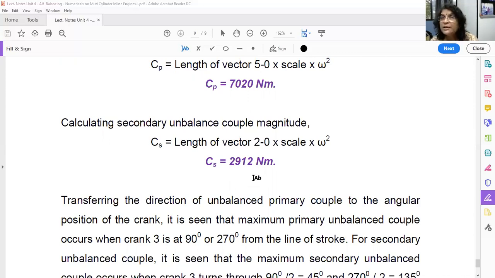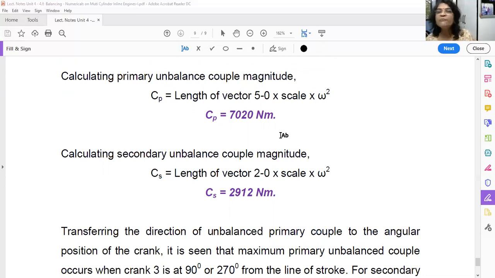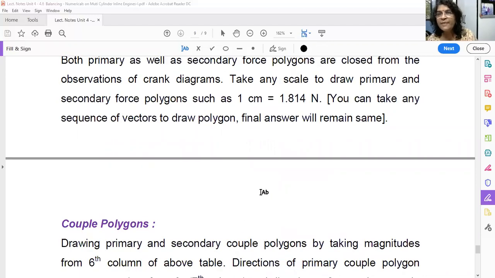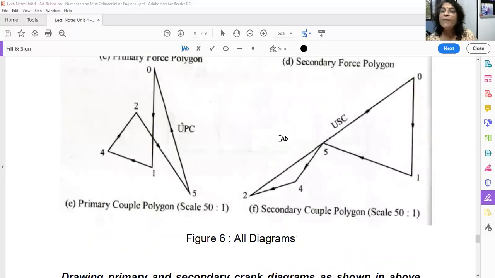Now see, in actual, what we are doing, we want to reduce this couple, no? Couple is present there, but how will you reduce this primary couple magnitude, secondary couple magnitude? How will you reduce this value? By taking a different firing order. Don't take 1, 2, 3, 4, 5. You can take 1, 3, 5, 2, 4 or 1, 2, 5, 3, 4 like this. Any, by trial and error method, and you have to find out how much less couple you are getting.